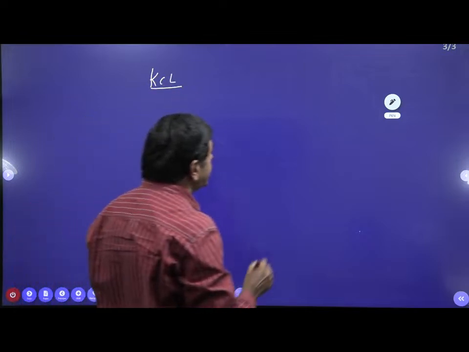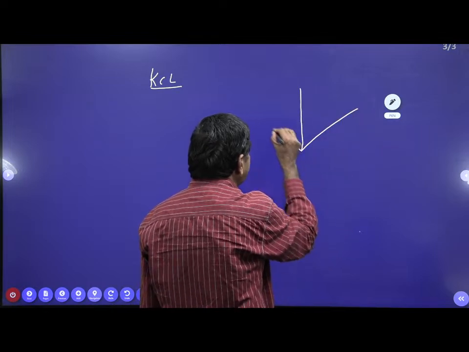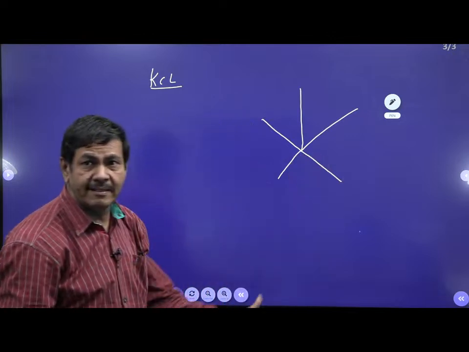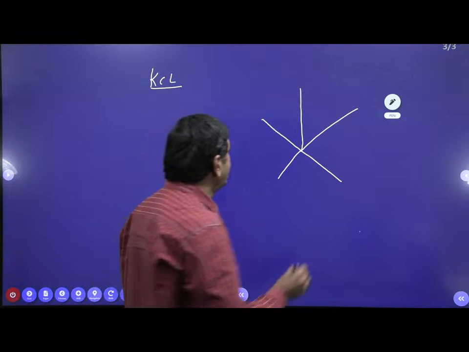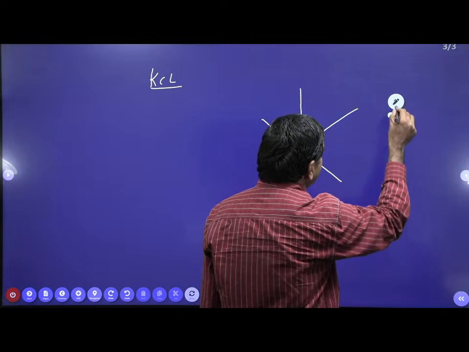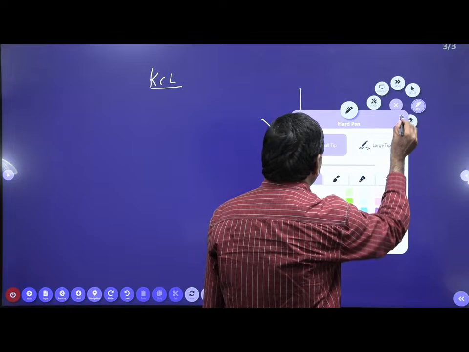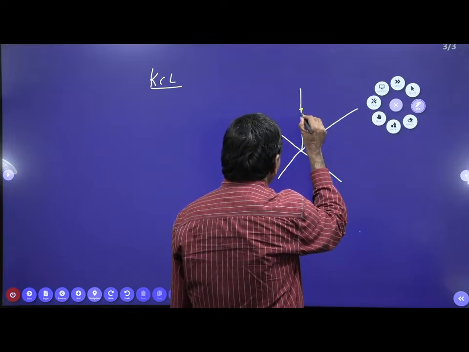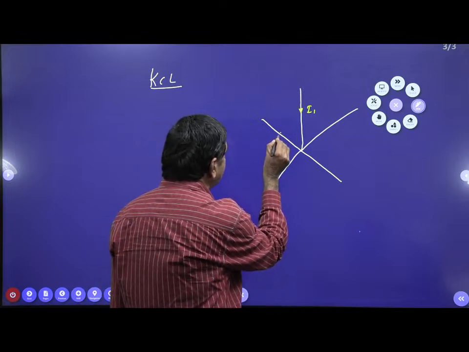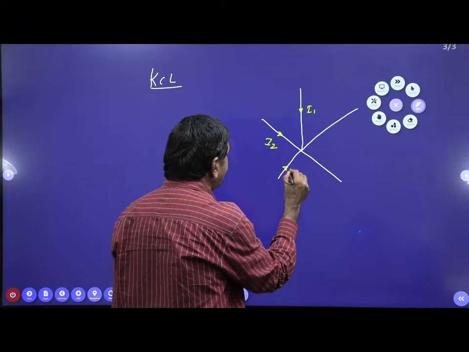In the KCL, take a certain number of conductors and connect them in such a way. Through certain conductors, you allow the current to pass. I allowed current this side, which I have taken as I1, and I allowed current of I2 this side, and I allowed current of I3.